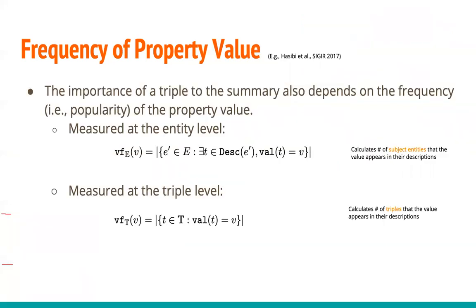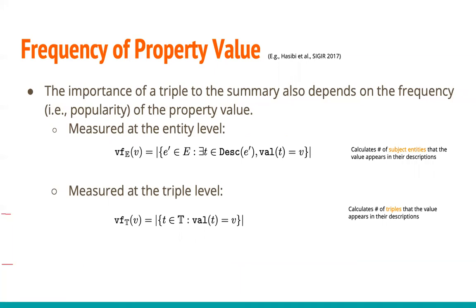So we looked at how to count the properties, and then how to get a value for a property, the frequency. Now systems are also interested in measuring the frequency of property values, because, same as a property, the frequency of a property value is also maybe important for a system.